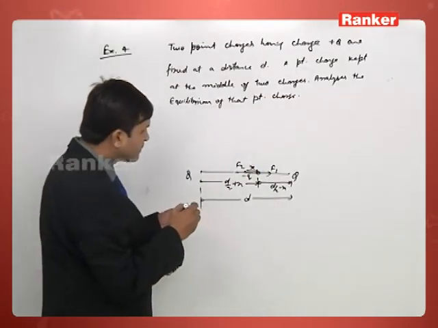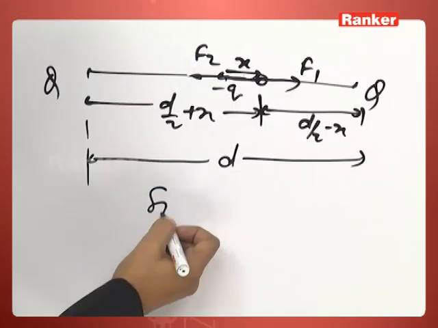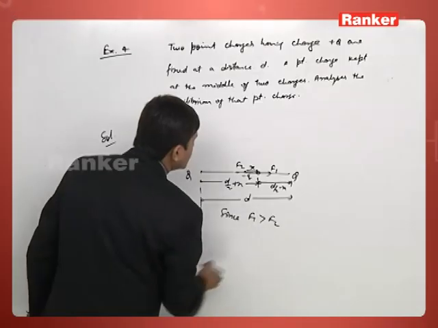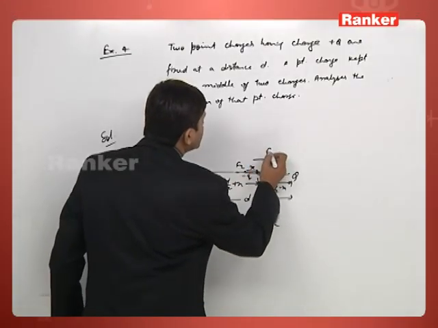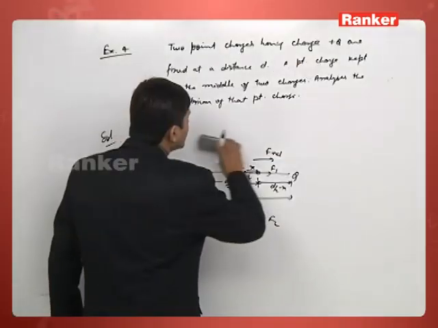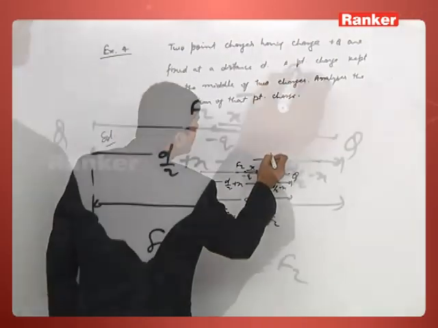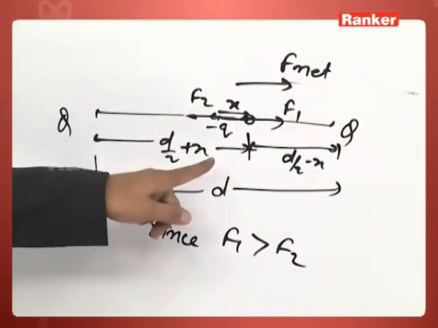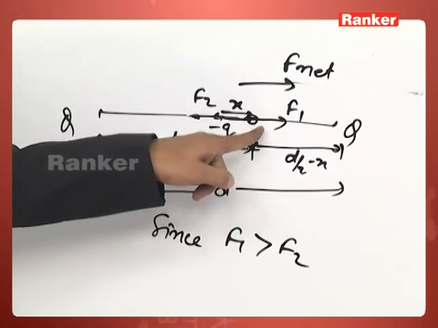So what we found, since F1 is more than F2, the resultant force acts in the direction of F1, or the resultant force is acting in the direction of displacement of the charged particle.